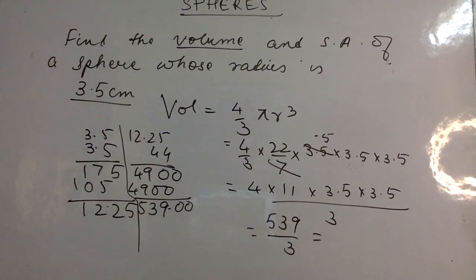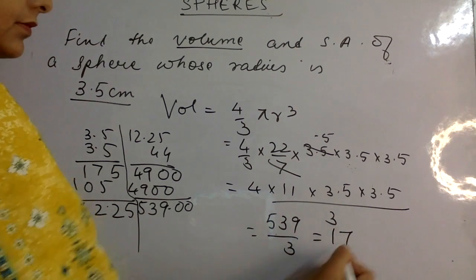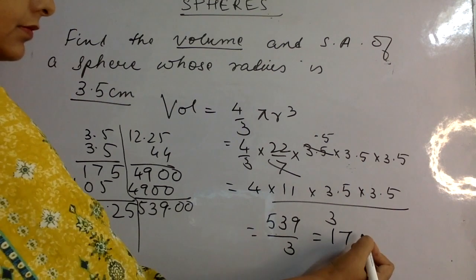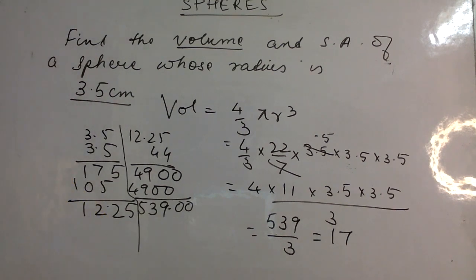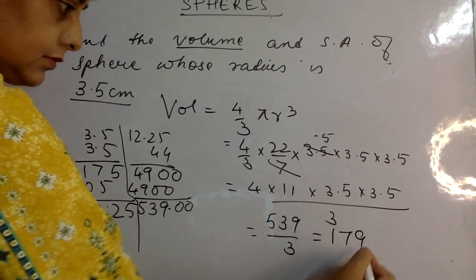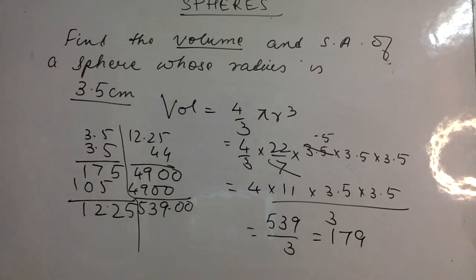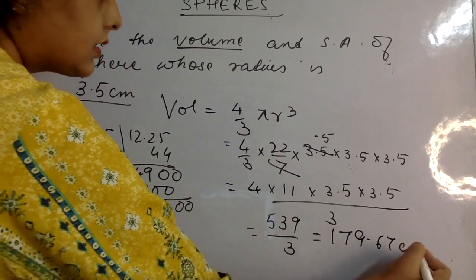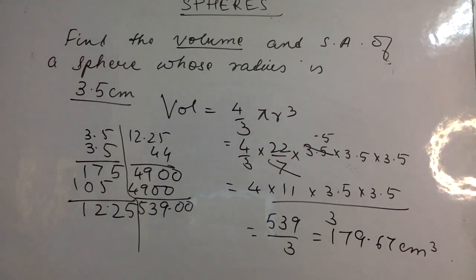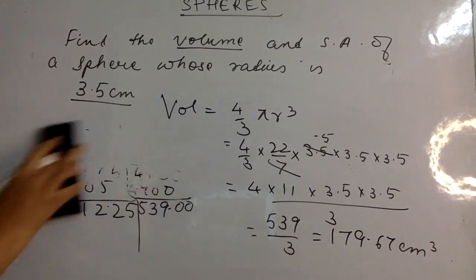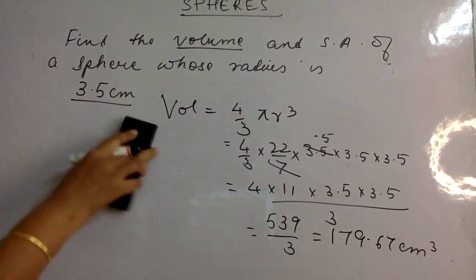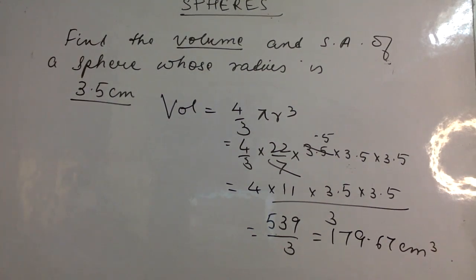If we divide 539 by 3, we get 179.67 centimeter cube. That was the volume of the sphere. We had to do some rough work here because the sum was like that, nothing was cancelling.